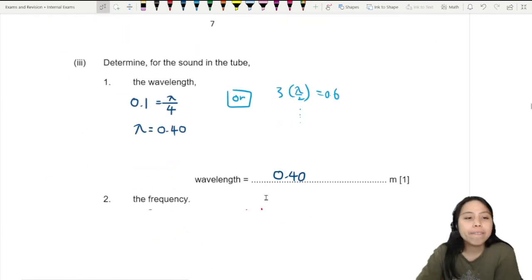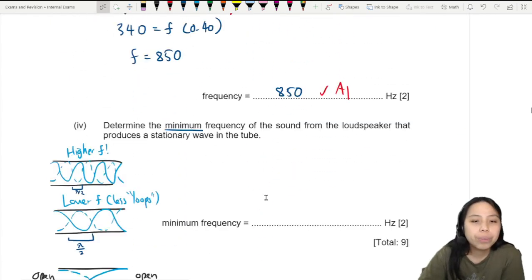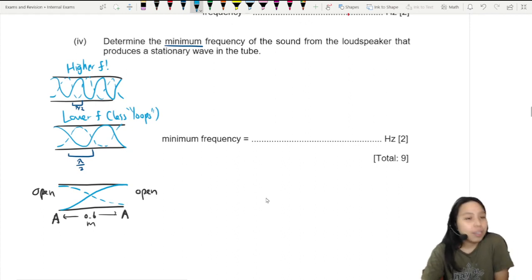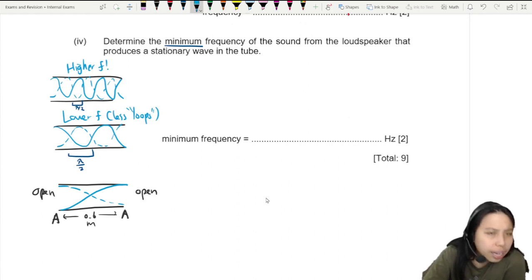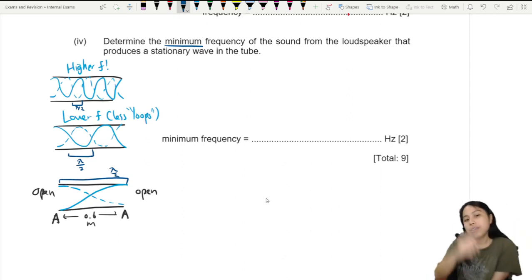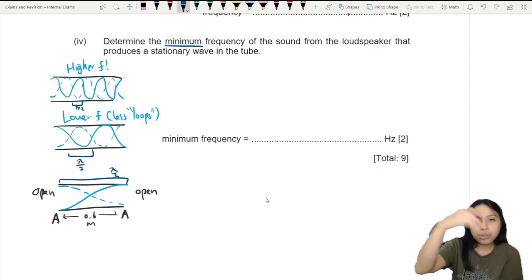0.6 meters. Okay, so 0.6 is this whole length. And where's my lambda over 2 again? Lambda over 2 is now the entire pipe, from antinode to antinode or node to node.